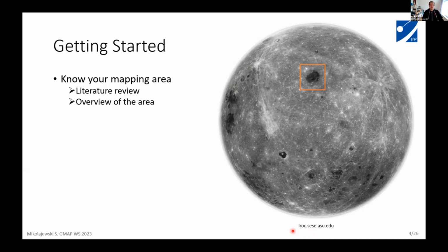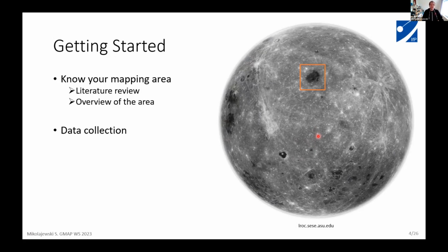So first, you need some literature for your mapping area, and what is also helpful is a WAC or Kaguya image for getting a brief overview of the mapping area. Then you collect the data you need for your mapping project.